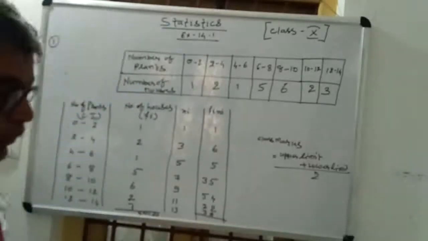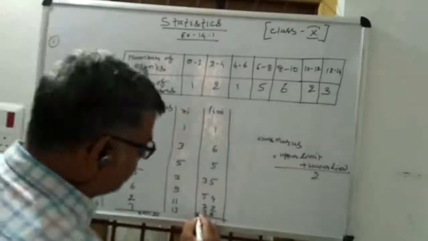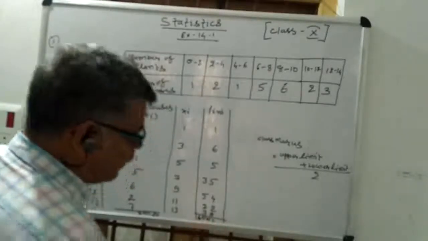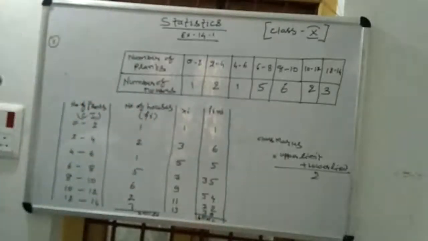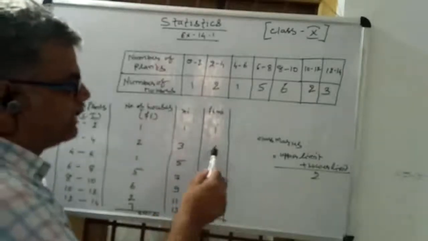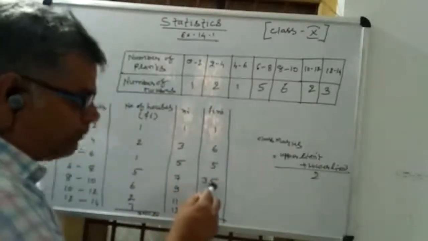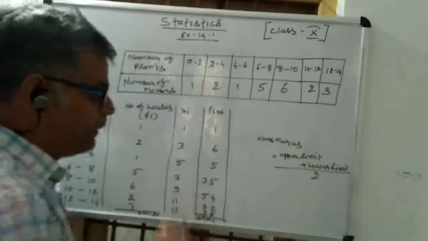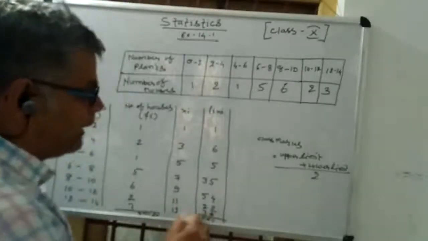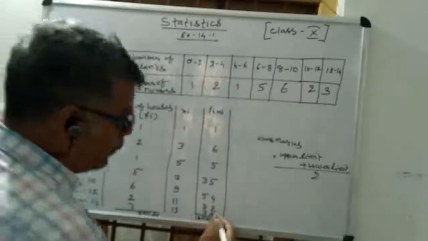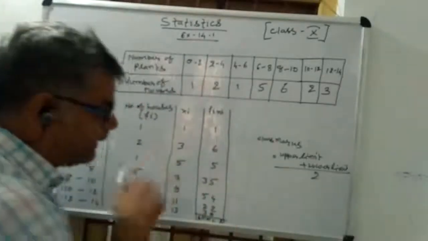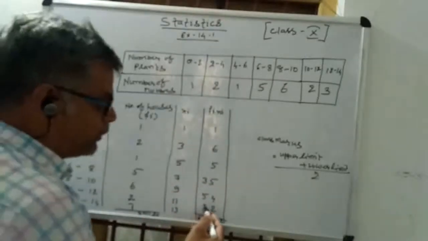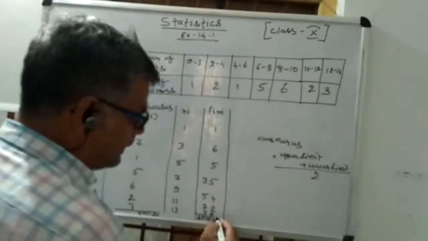Now children, you calculate the sum of Fi Xi, that is sigma Fi Xi, which will equal how much? 1 plus 6, 7 plus 35, 42 plus 54, 96 plus 22, 118 plus 39.